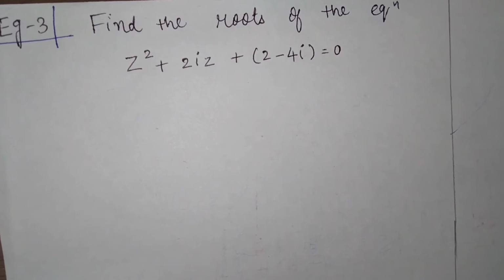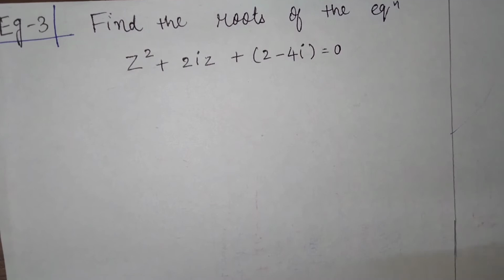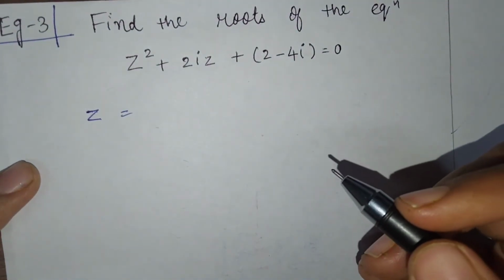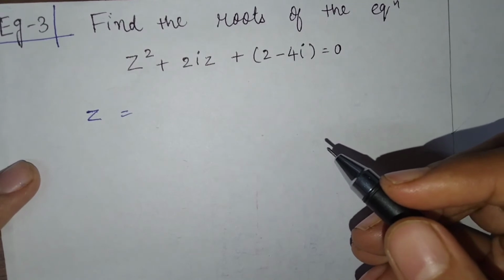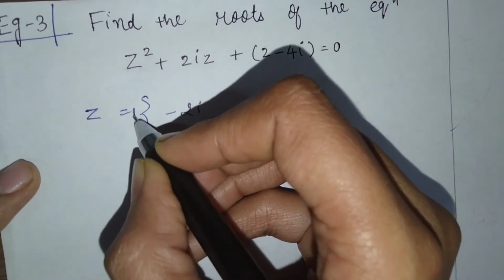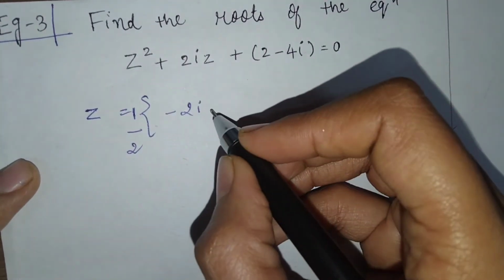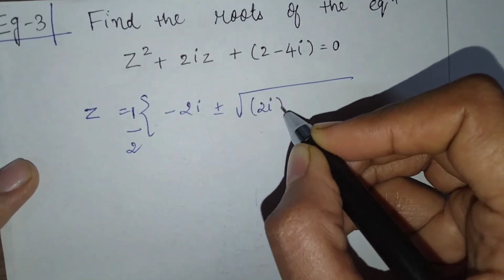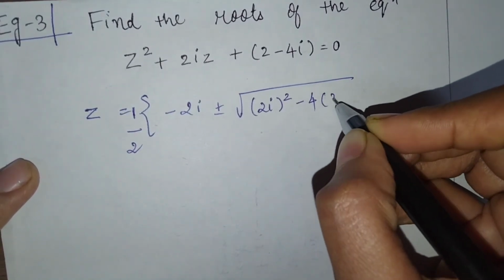It is similar to the previous example 2 which we did. So I am directly writing z, when you do minus b plus or minus root of b square minus 4ac upon 2a, then you will get z like this: 1 by 2, because below there will be 2a, minus 2i plus or minus root of b square minus 4ac.